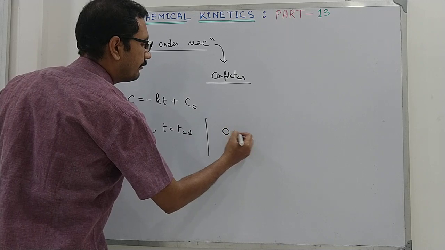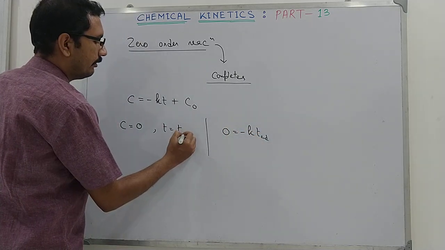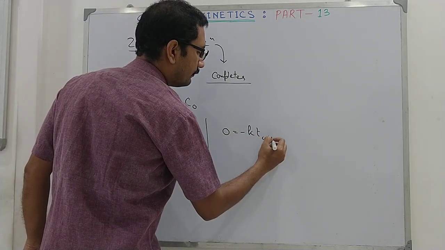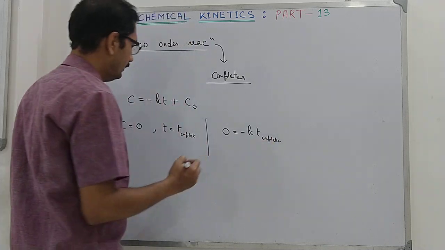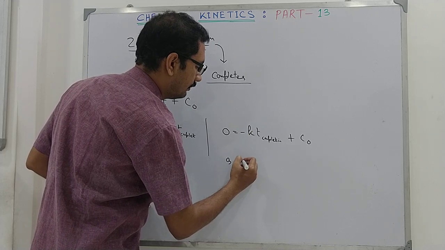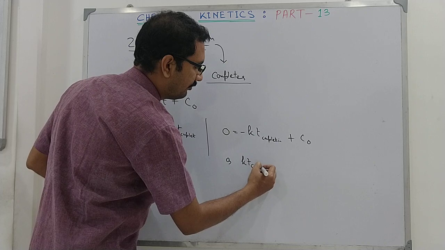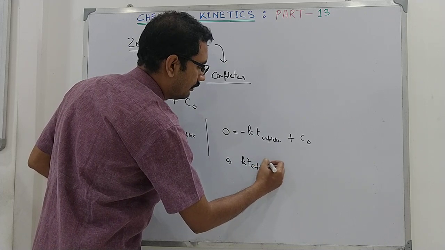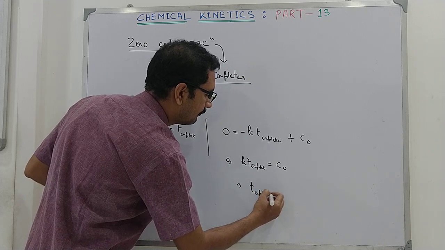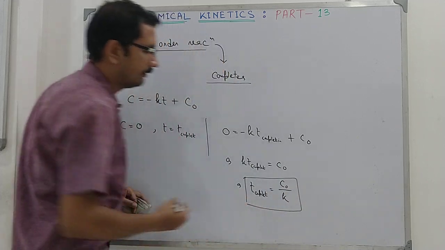So we have 0 equals minus k t completion plus C0, or we take this to the left hand side, k t completion equals C0, or t completion equals C0 by k.